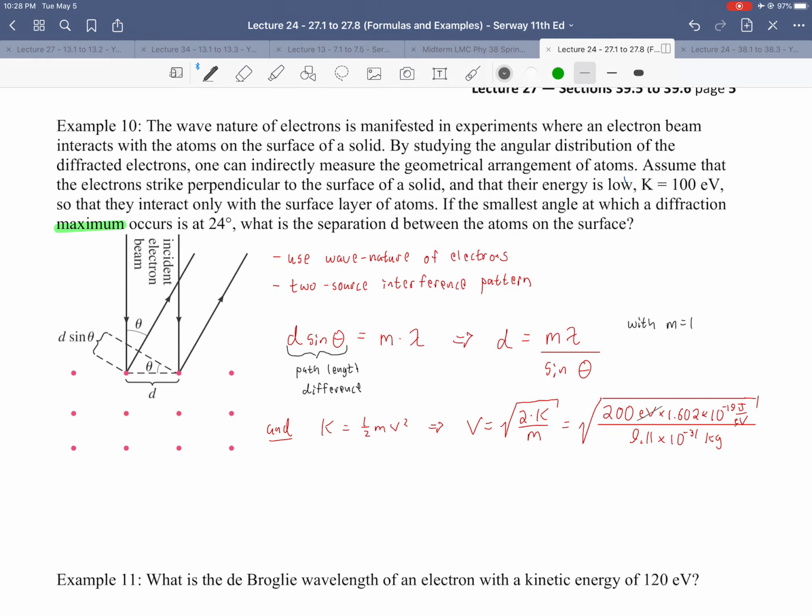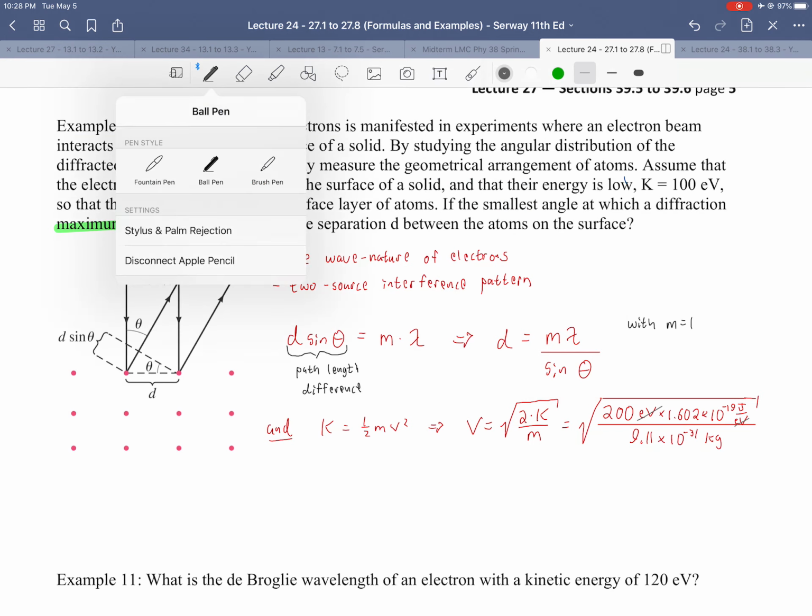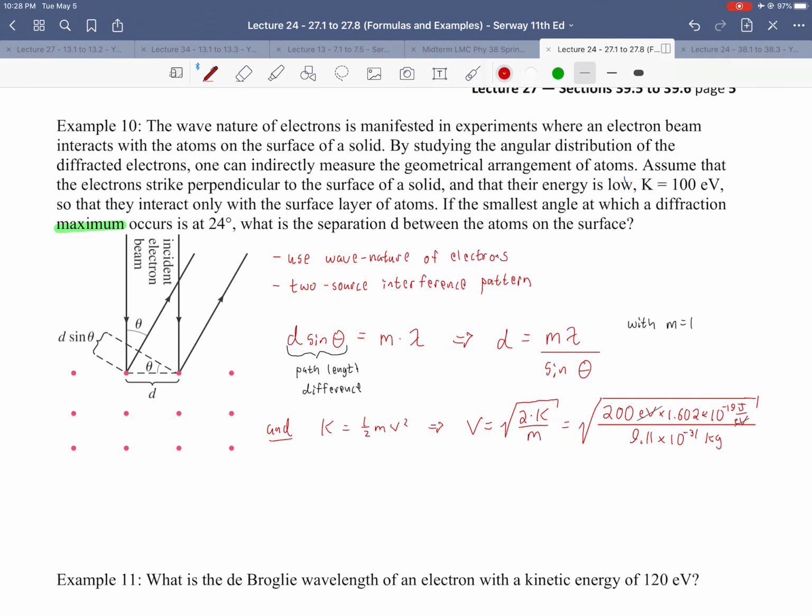Of course, our electron volts cancel out. We're left with joules over kilograms, which gives us meters per second. Numerically, that ends up giving us 5.93 times 10 to the 6 meters per second.